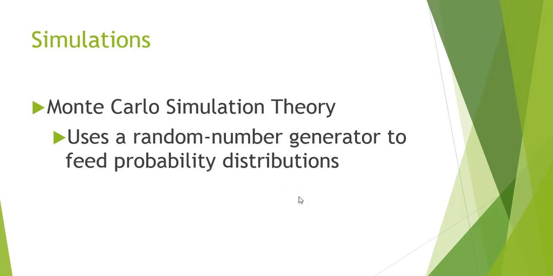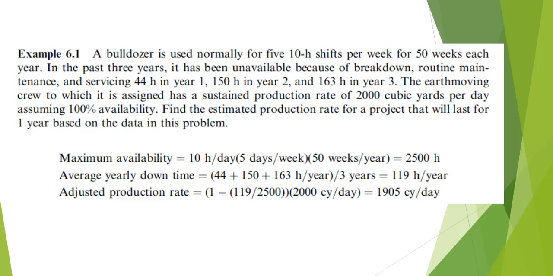And as I was just talking about, you're going to do that by using Monte Carlo simulation theory, which means that you take a random number generator and you feed it the probability distribution. If we go back again, we can create a probability distribution for equipment availability using the information we have here. 3 years of data gives us a mean and a standard deviation.